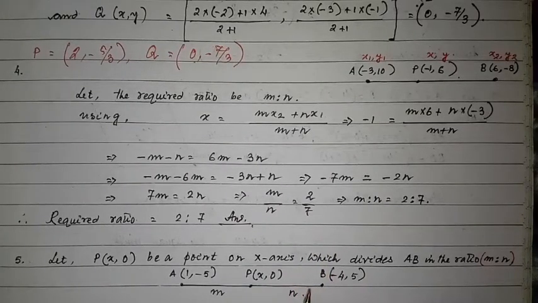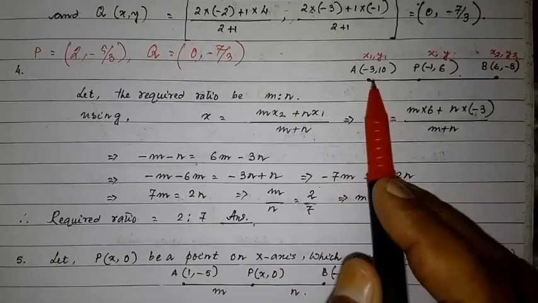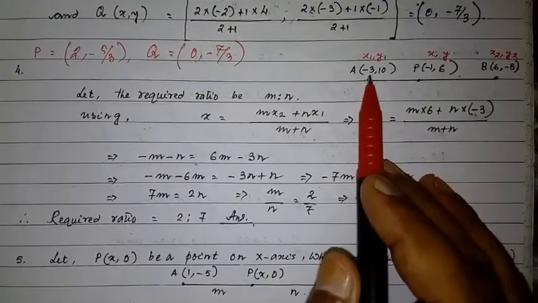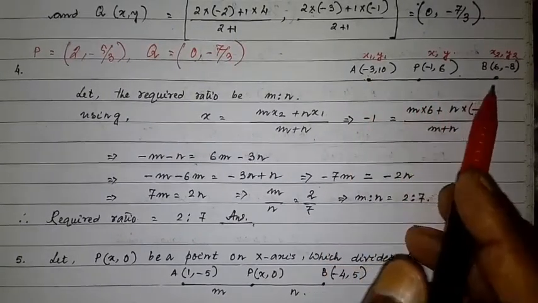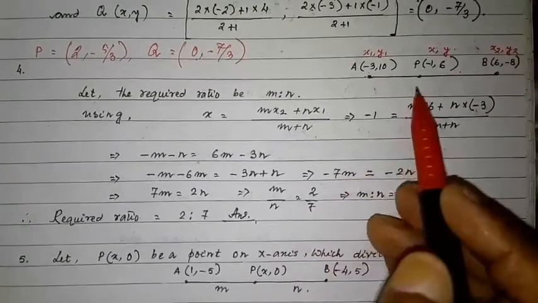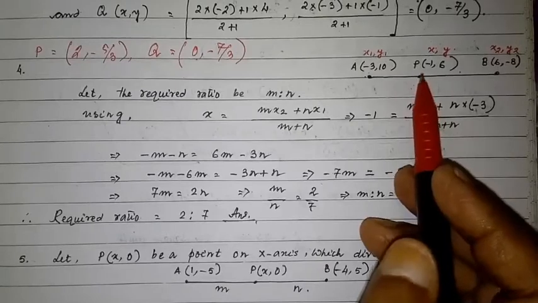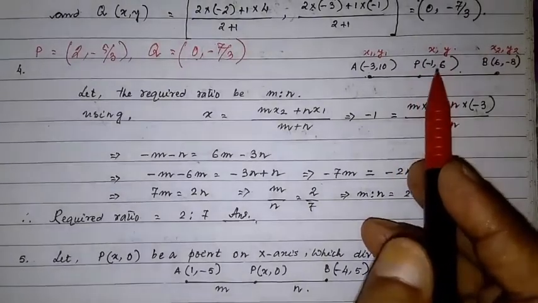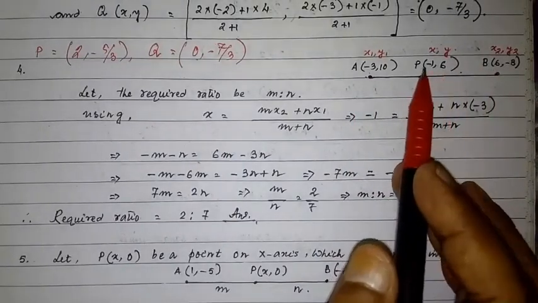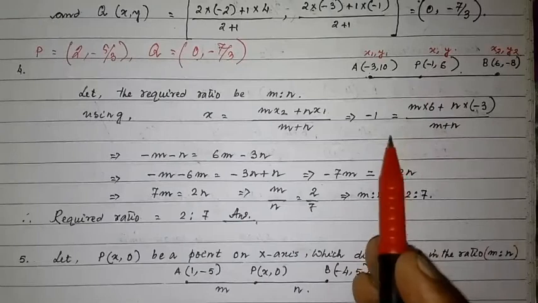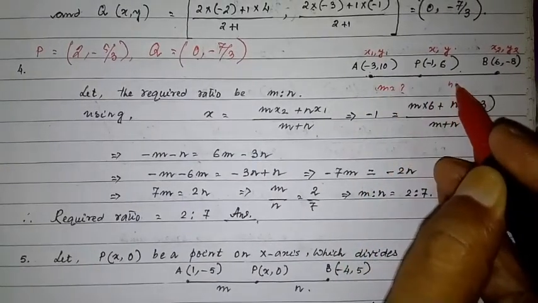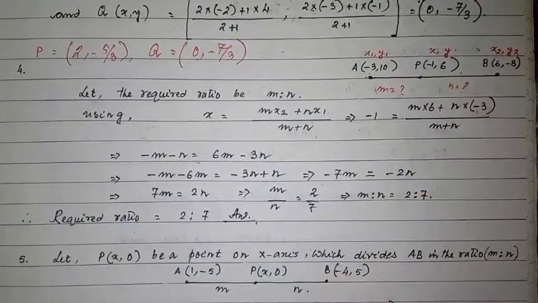So what we get, this is the line segment joining the points A(-3, 10) and B(6, -8). Let P, this point is P, having coordinates (-1, 6). So here x1, y1, x2, y2 and the coordinates of the point P, that is x, y, are given. We need to find out m is equal to what and n is equal to what, that is, in which ratio this is divided.